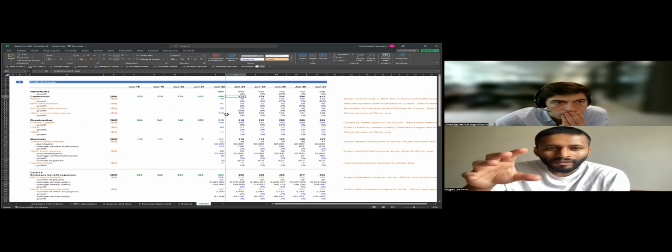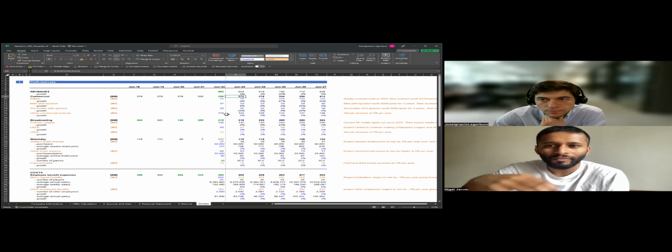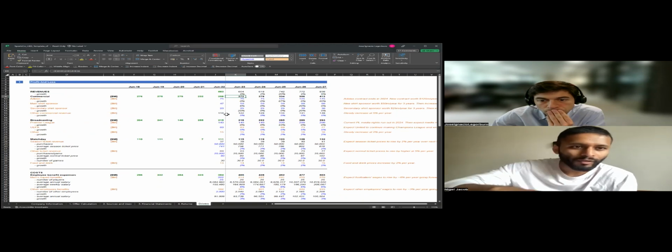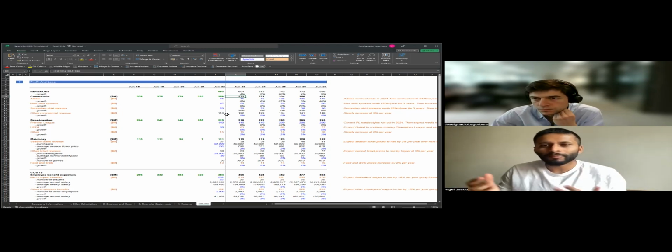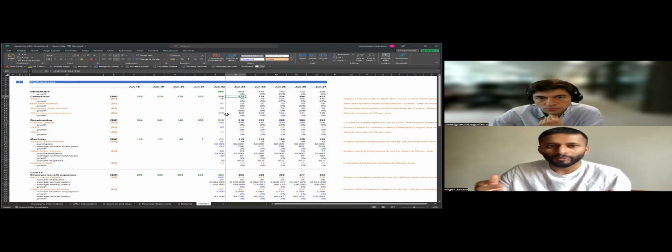There you go. This is very rough, but this is how an equity research analyst would look at things. They'll break down Man United's revenues into commercial, broadcasting, matchday, and then within commercial, they'll dive in as well. Commercial is basically the sponsorship that Man United brings in.